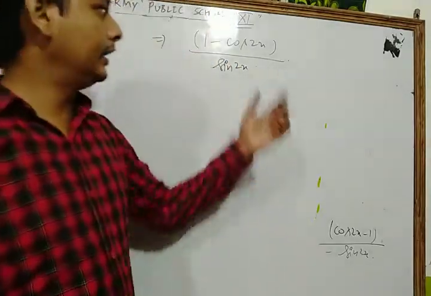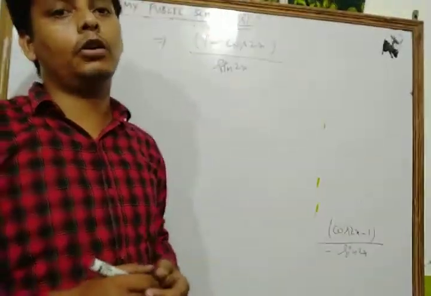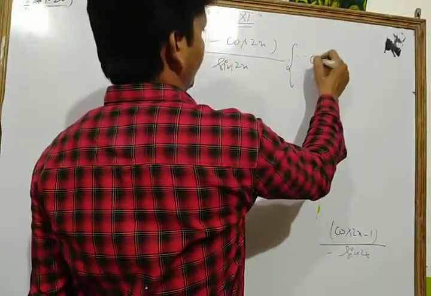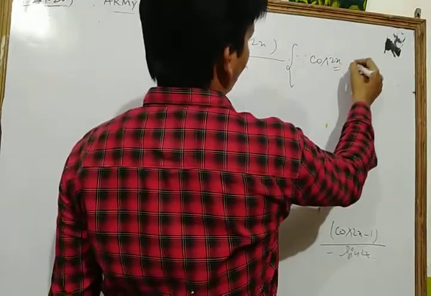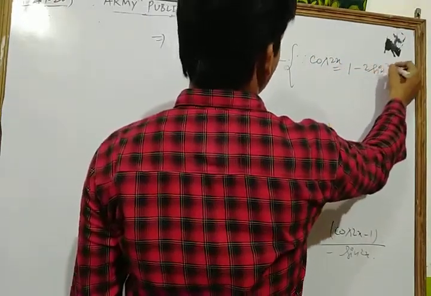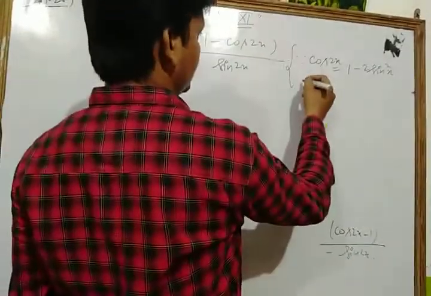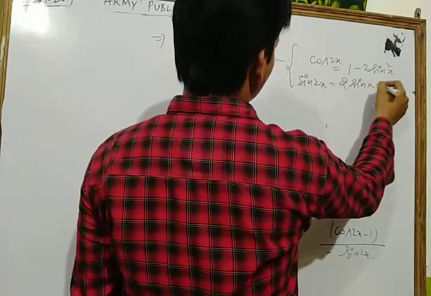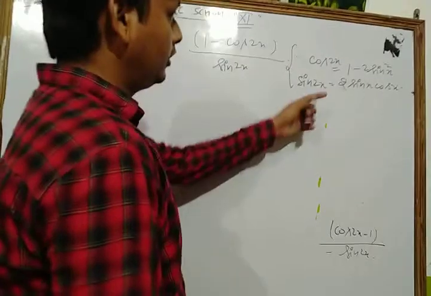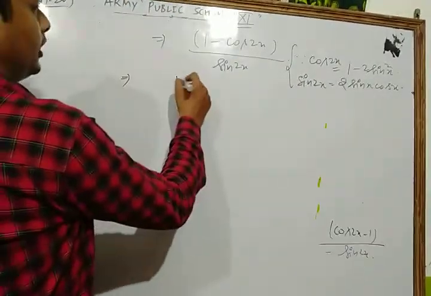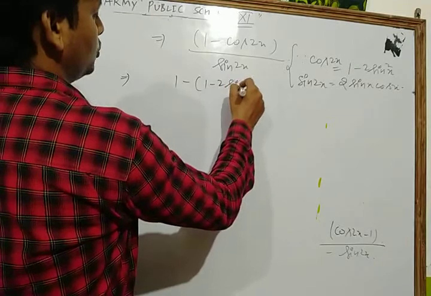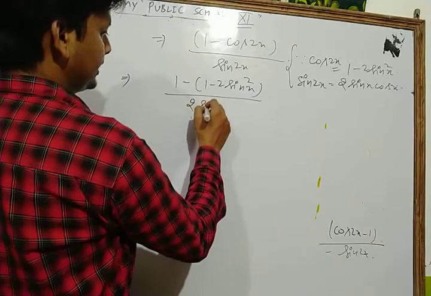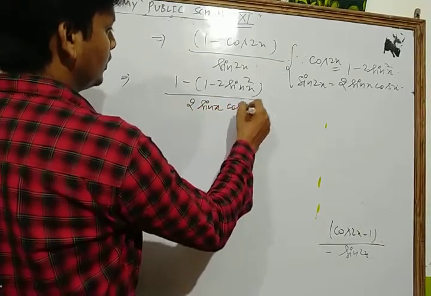Here we apply the formula of cos 2x and sin 2x. We know that the formula for cos 2x is 1 minus 2 sin square x, and the formula for sin 2x is 2 sin x into cos x. So we put 1 minus 2 sin square x in the numerator, and in the denominator we put sin 2x as 2 sin x into cos x.